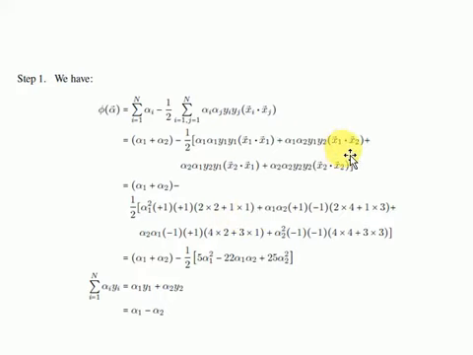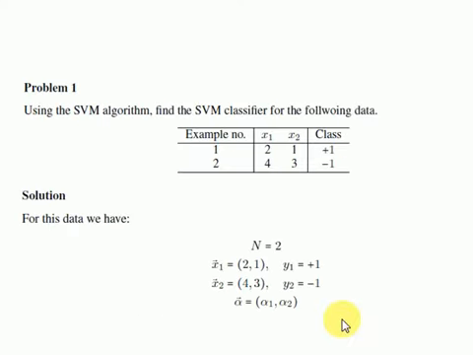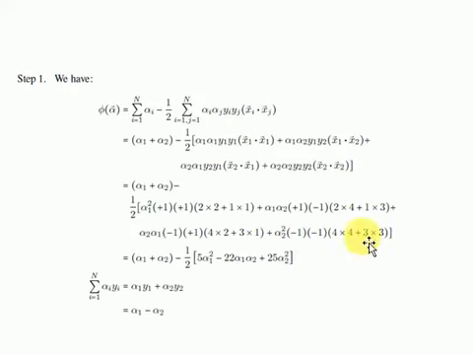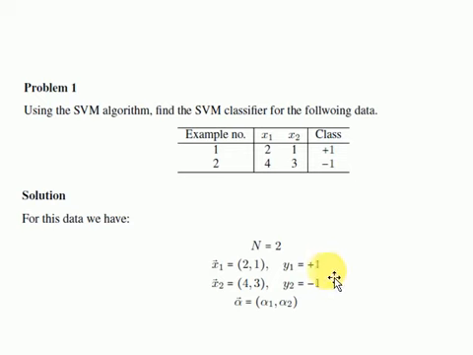Similarly, we got to compute the dot product of x1, x2. That will be 2 into 4 plus 1 into 3, and y1 into y2 will be +1 into -1.